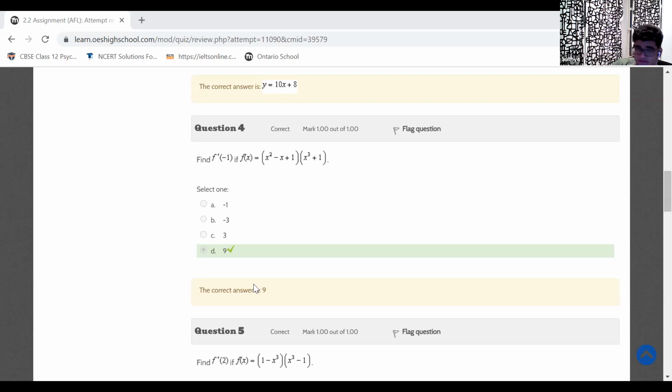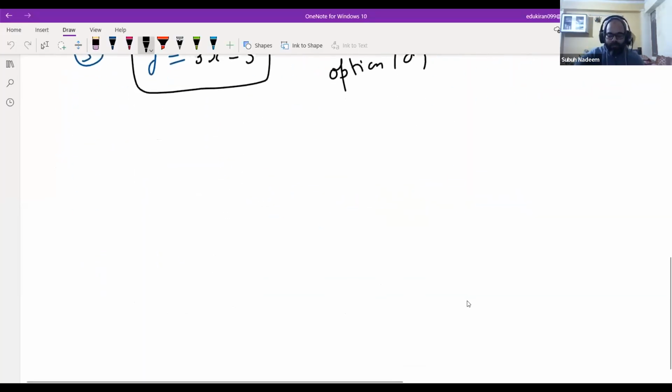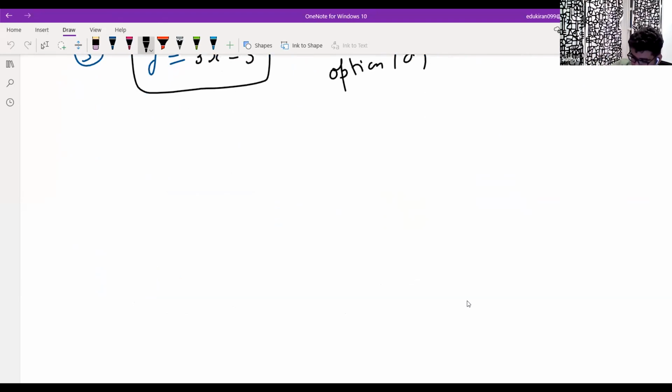Five, will it be 5? But the answer is 9. So let me do it. Then you will check where you have done the error. One minute, I think I didn't put -1. You put 1. Yeah, I put +1. Just a minute.